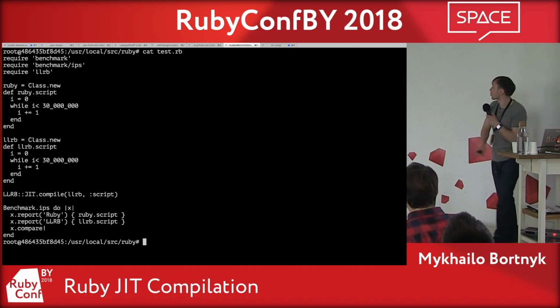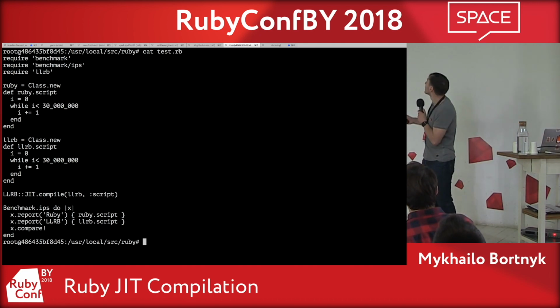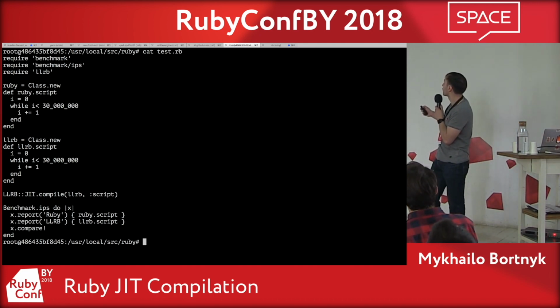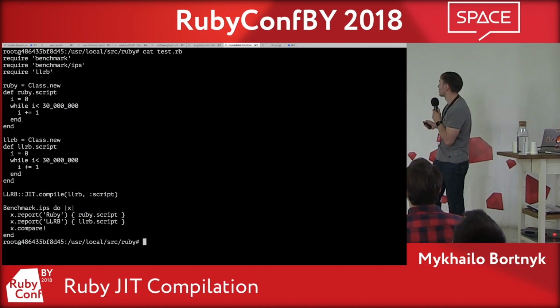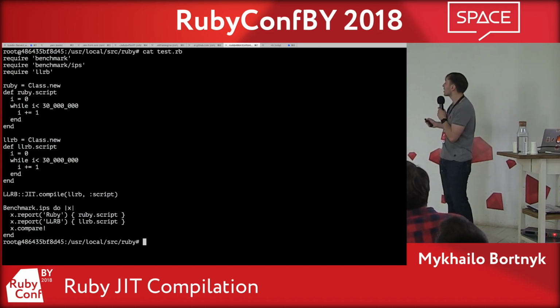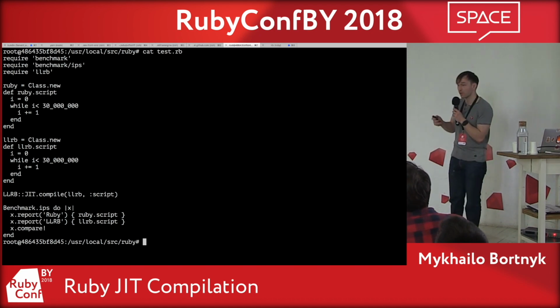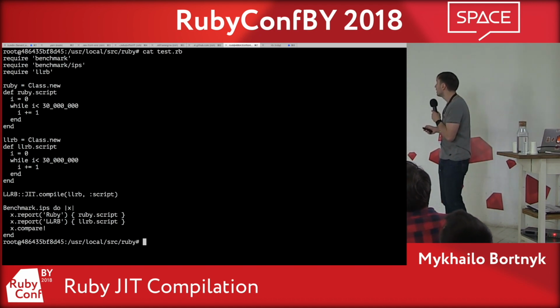First of all, I want to show how a benchmark for LLRB looks like. We have two methods implemented in two anonymous classes, and they do a very simple thing, counting from 0 to 30 million.